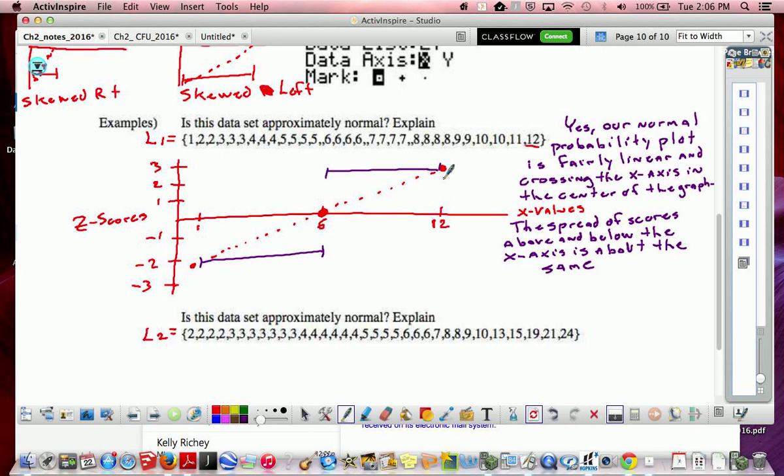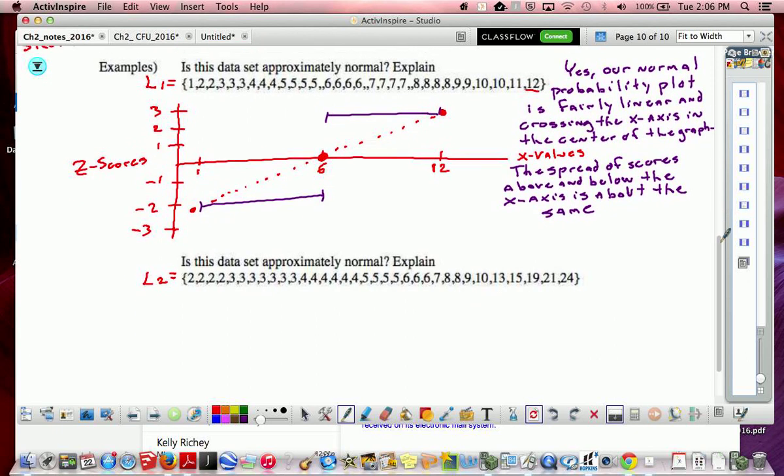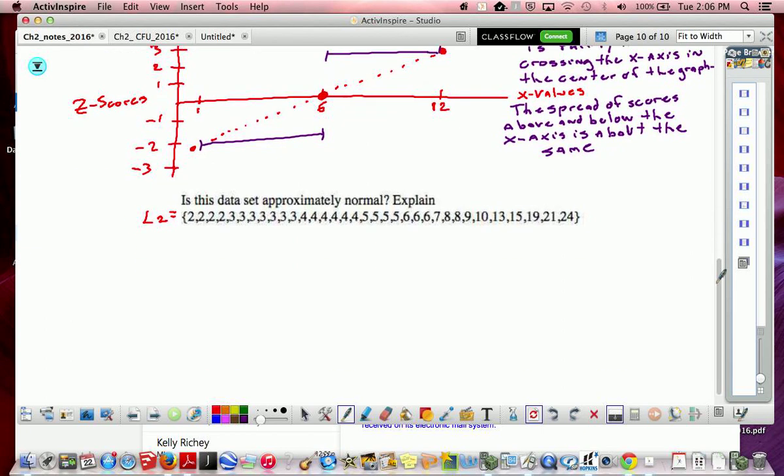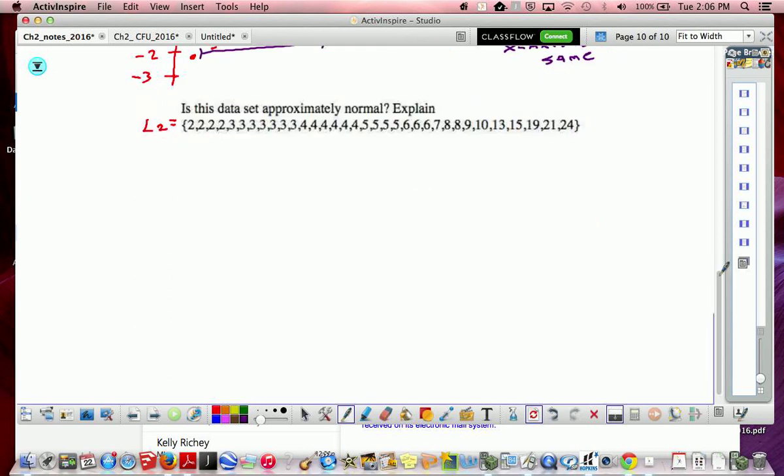On the second one, some of you might have even seen when entering this in, wow, you had a lot of low values and then a few values that increased significantly. So as I start to take a look at this particular graph, perfect. I can go to my calculator.